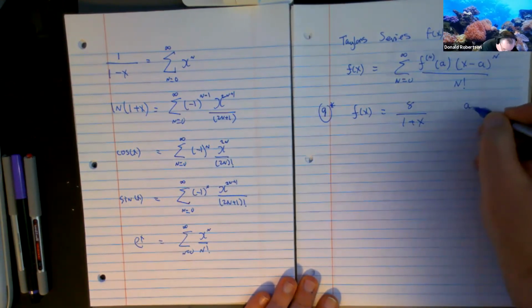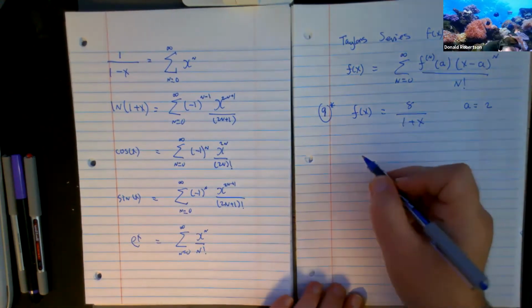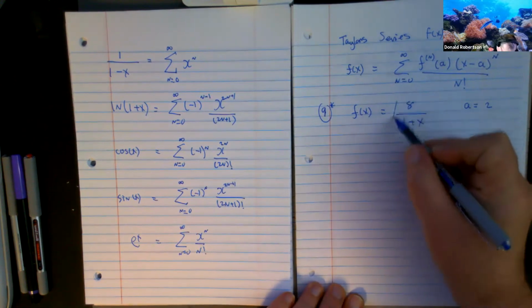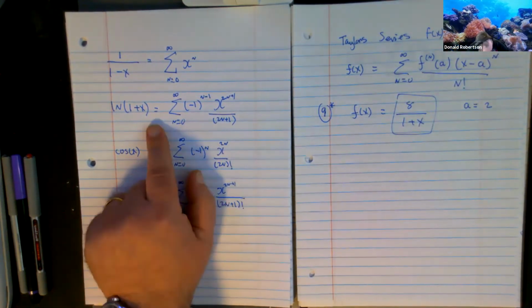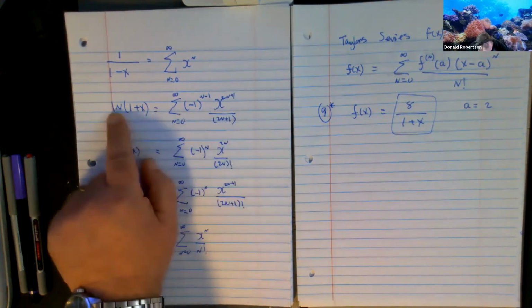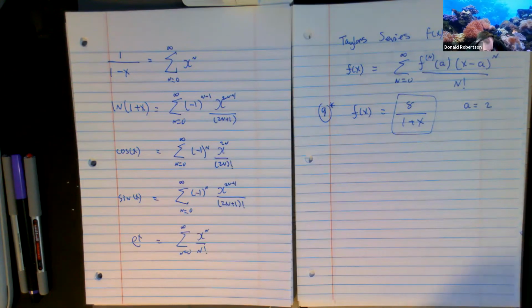And it's going to be centered at a equals 2. Let's see what that looks like. Well, I have to kind of go over here and use this guy. So it's going to be like a 2-tier stage. What do I mean by a 2-tier stage?